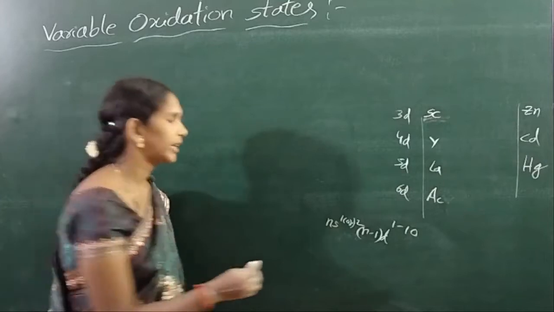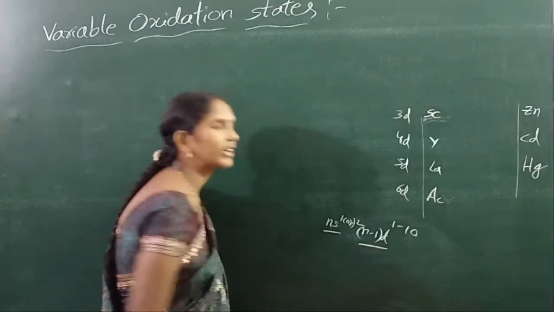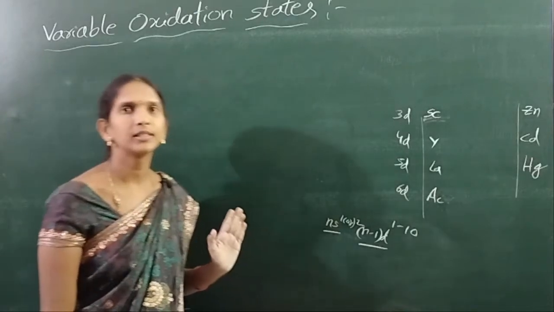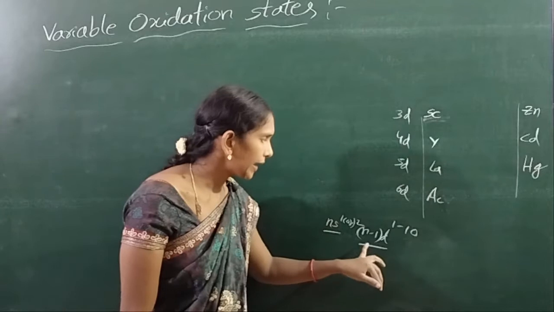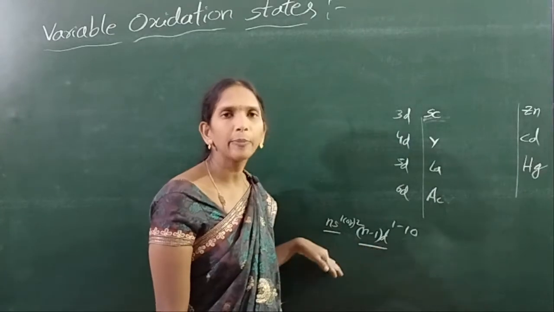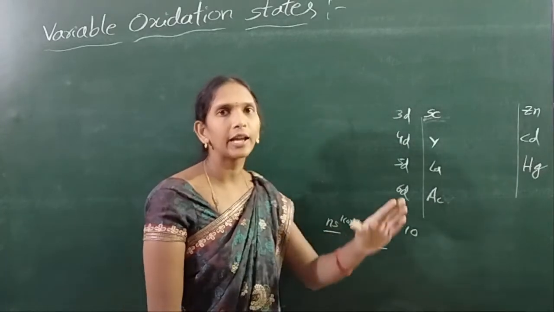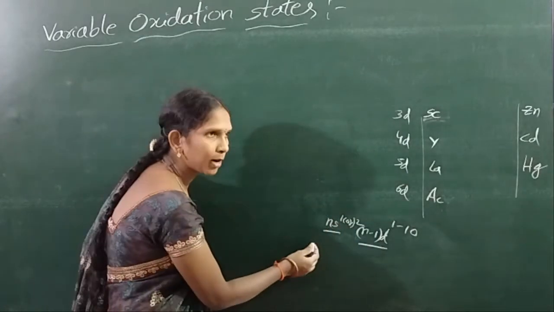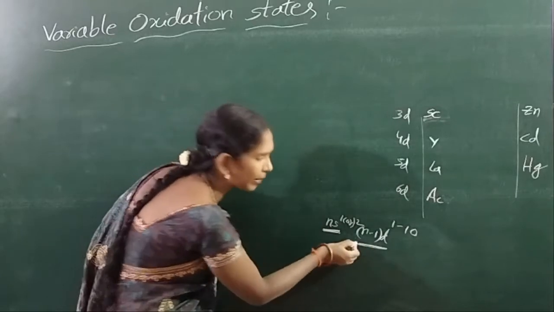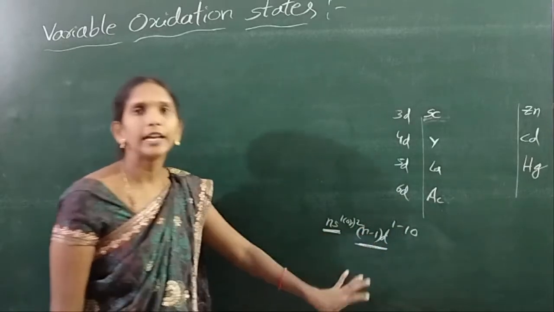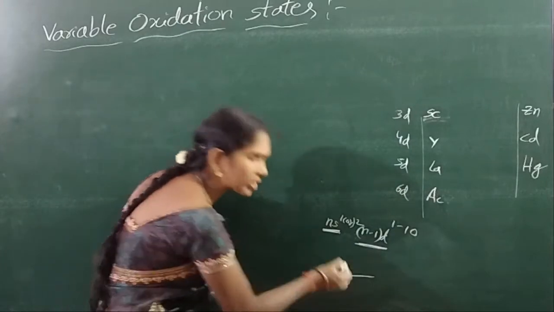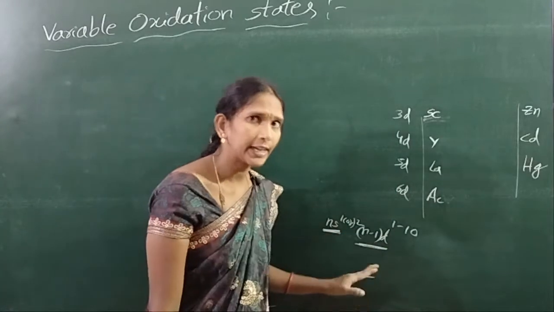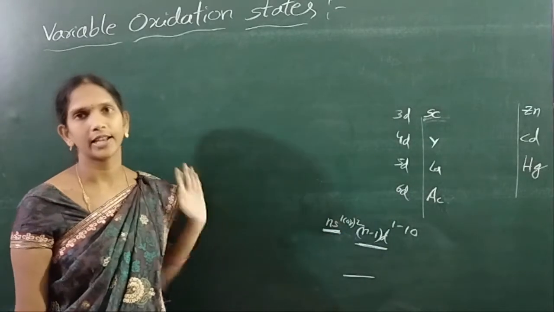In D block elements, both ns and n minus 1 d orbitals are involved in bond formation. So they exist in variable oxidation states.